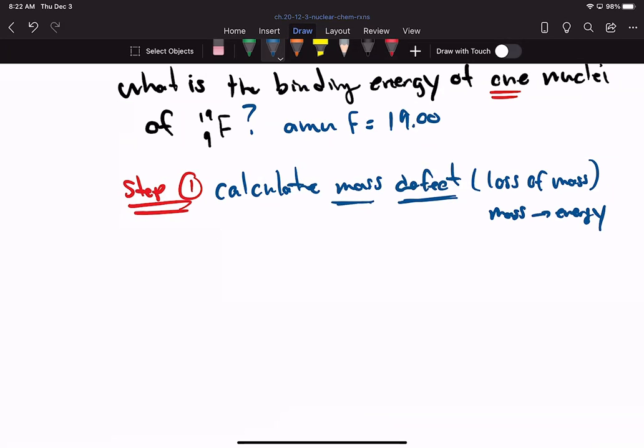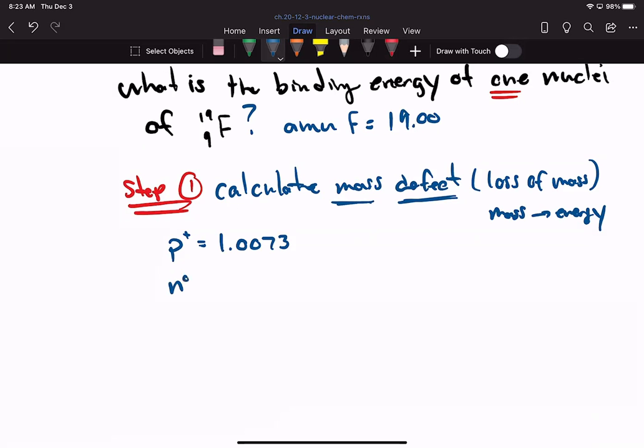Okay, so we're going to calculate protons here. So a proton, I'm just going to write P plus, is equal to 1.0073.